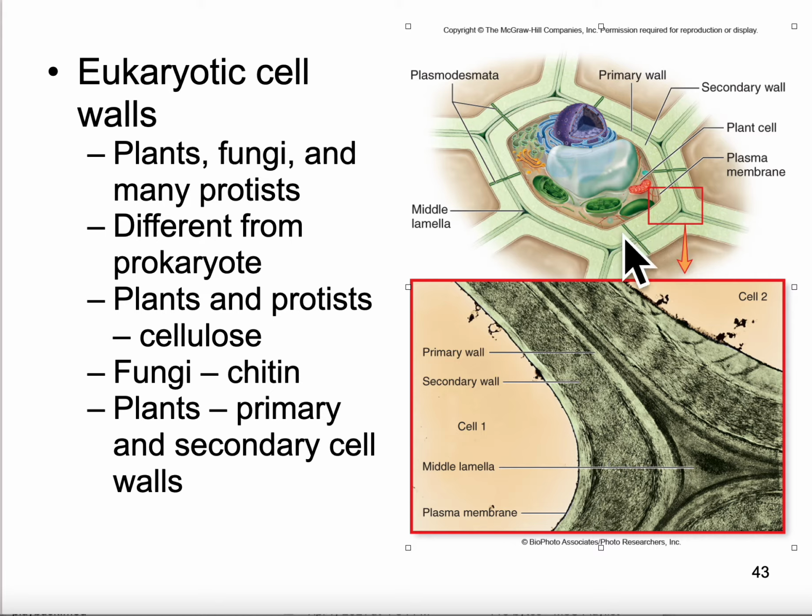Now this thick green stuff, it's not normally green, it just looks green in this picture, is made out of a bunch of different carbohydrates mostly that surrounds it. It's a hard structure. It's not flexible. You can't just push on it and have it easily give.